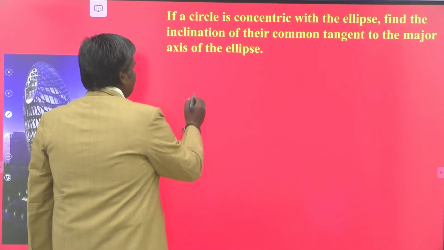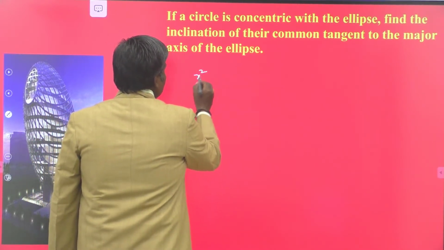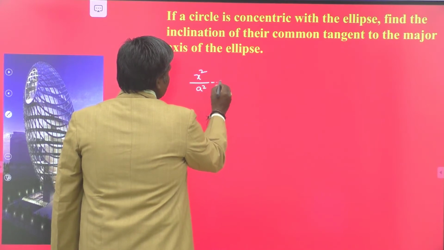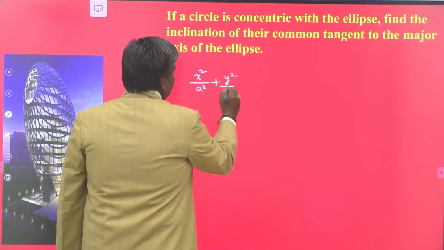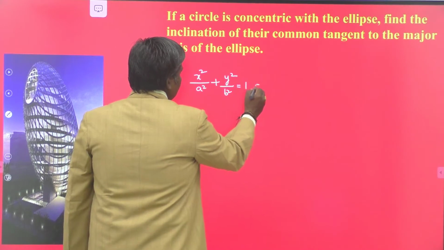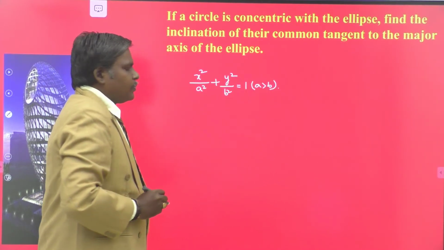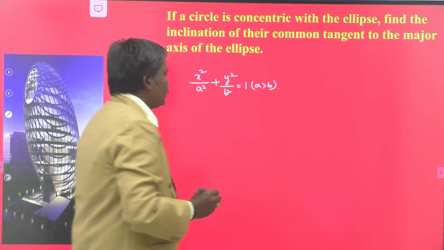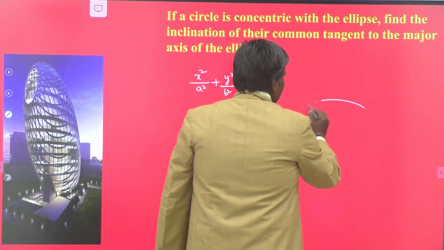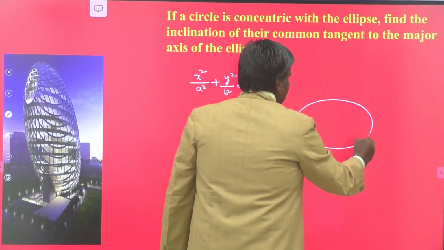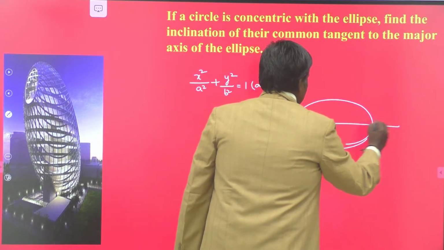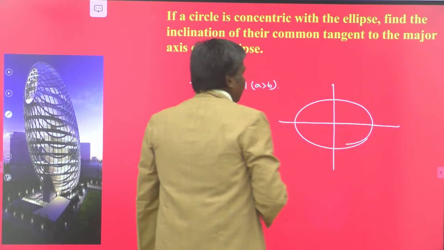First of all, let us consider the equation of ellipse as x square by a square plus y square by b square is equal to 1, a greater than b case. This is your ellipse. So, this is the shape of the ellipse. This is major axis, it is minor axis.